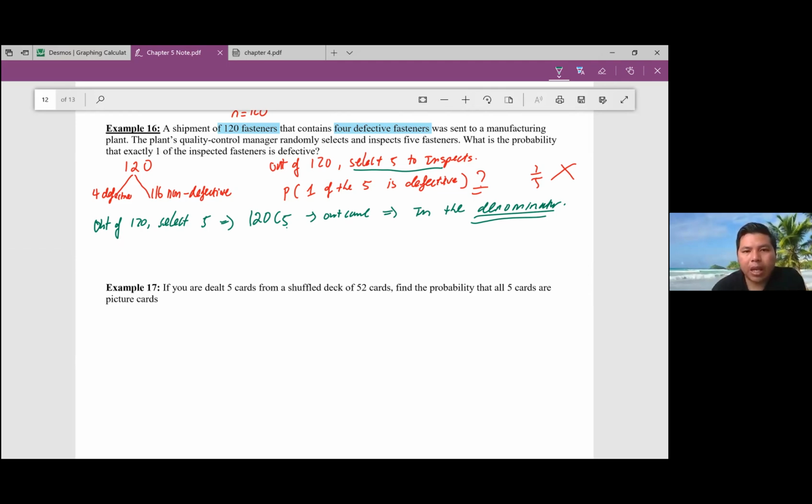Here is how we're going to put this problem together. The probability that exactly 1 defective in 5 chosen is equal to 4C1 times 116C4 divided by 120C5.